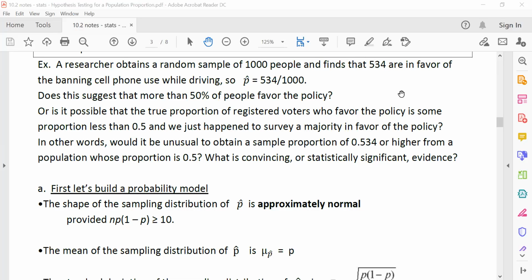Well, let's talk about that. 534 out of 1,000 people favor changing the policy on cell phone use while driving, banning it.